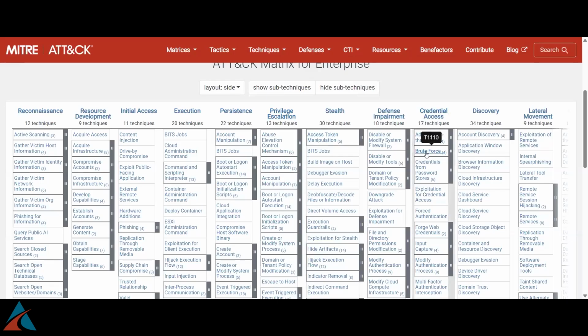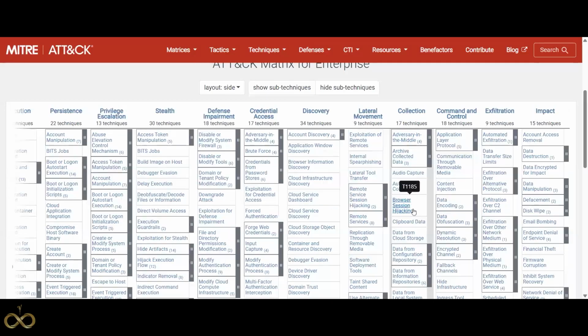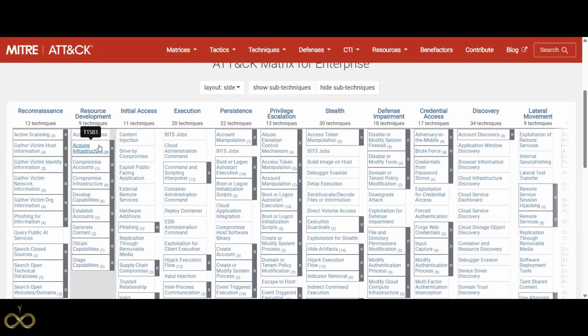Credential access: password attacks, brute force. You know about brute force, right? You can explore these categories. The columns that you see are goals, the tactics, and the rows are techniques.